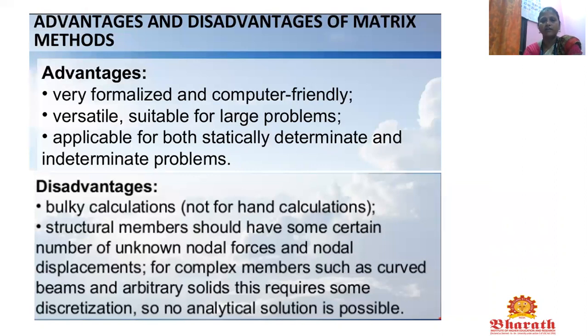Structural members should have a certain number of unknowns, that is nodal forces and nodal displacements. Complex members such as curved beams and arbitrary solids require discretization, so no analytical solution is possible.